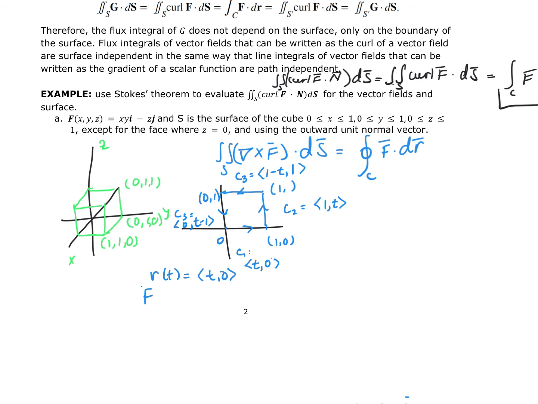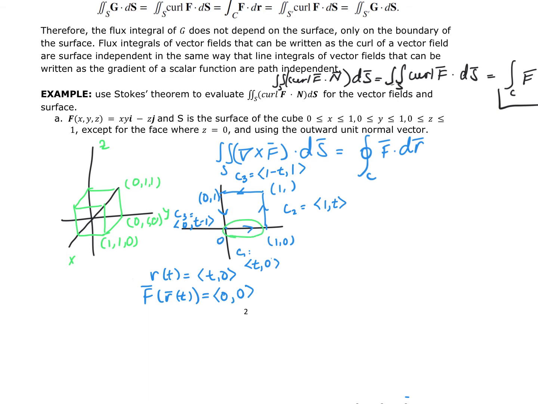When I do F of R of t, then for this first one, since y is 0, I'm going to get 0, and since z is 0, that's going to be 0. So I'm not going to get anything with my first curve right here.